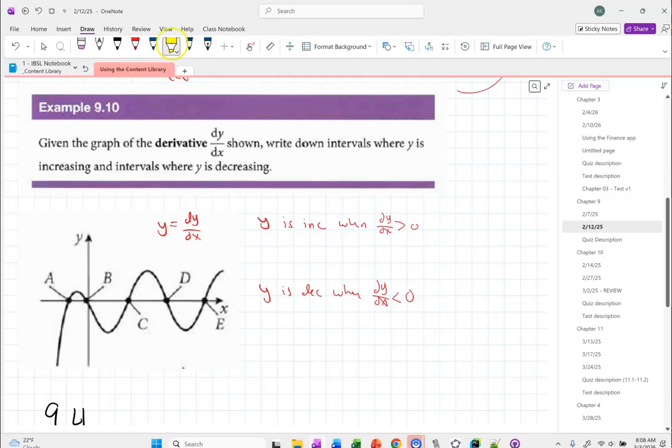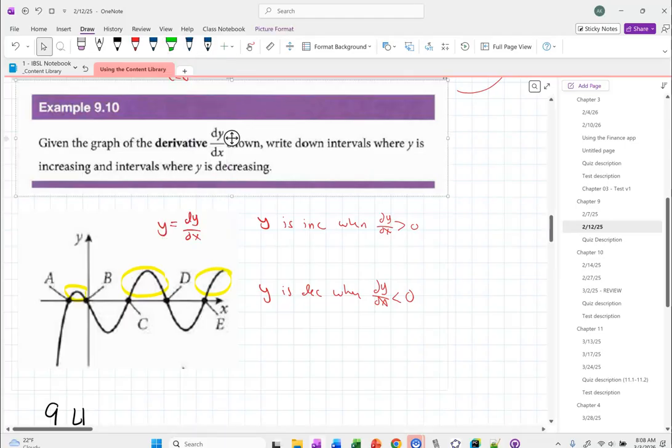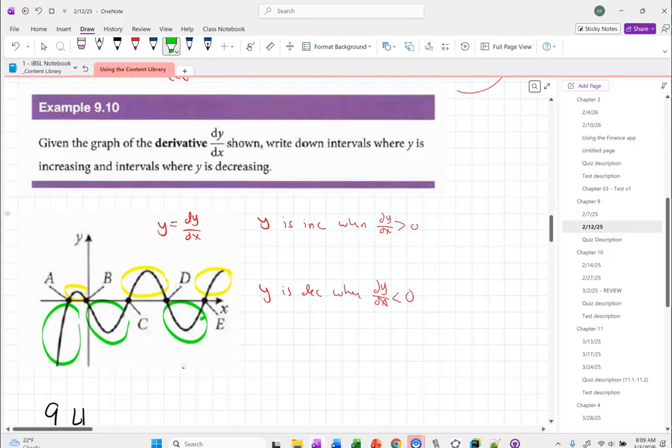So where are we increasing? These 3 places where the graph is above the x-axis, because that's where the derivative is positive. Where is y going to be decreasing then? In these 3 sections where the derivative is negative, i.e. below the x-axis.